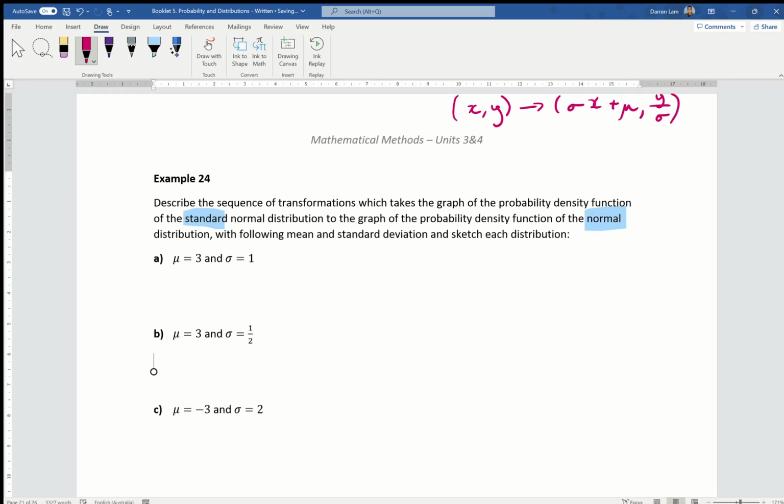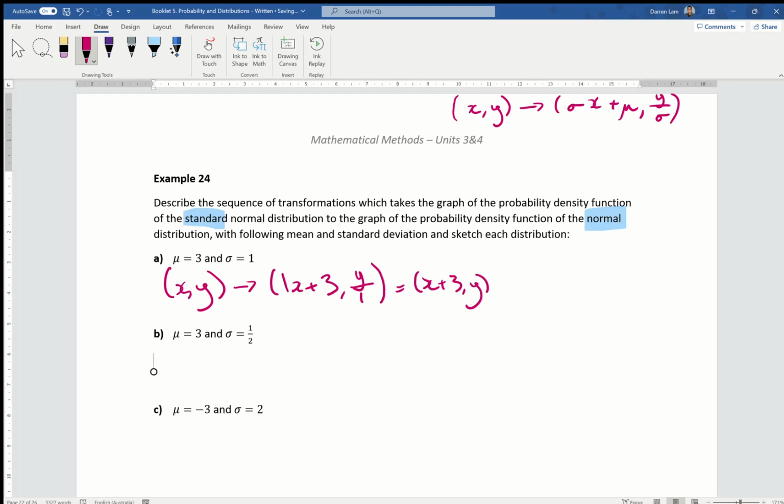Okay, so doing question 1, all we have to do is substitute our values of mu and sigma in. So we know that x, y goes towards 1x plus 3, comma y over 1, or in other words, x plus 3, comma y. In retrospect, I did not leave enough space for this question, but I'm sure you guys can fit it in. So it's pretty straightforward.